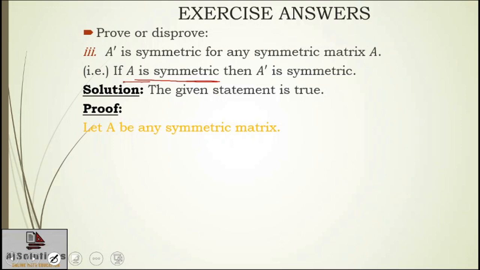Okay. And step number 2. What to prove? So the conclusion you have to prove. Step number 2, to prove A transpose is symmetric. Step number 3, write the fact that will help you in understanding what to prove exactly.